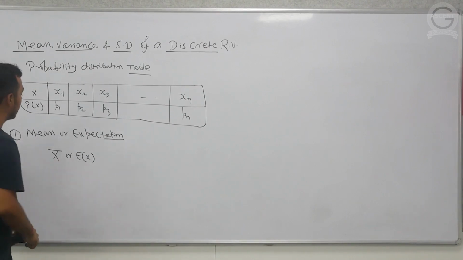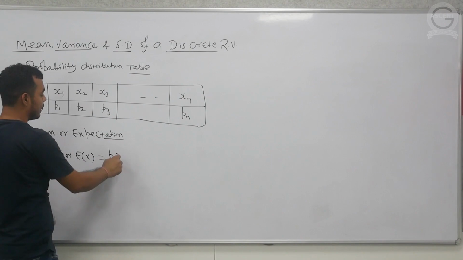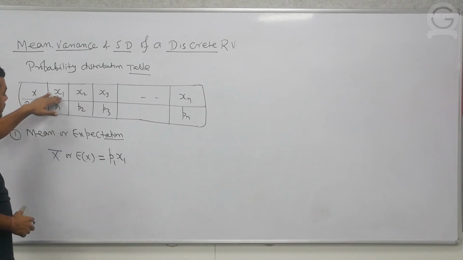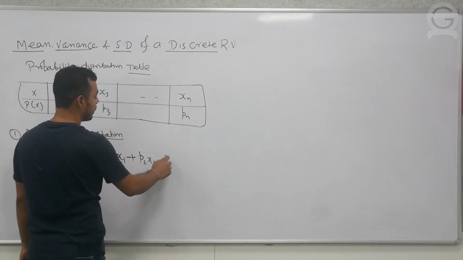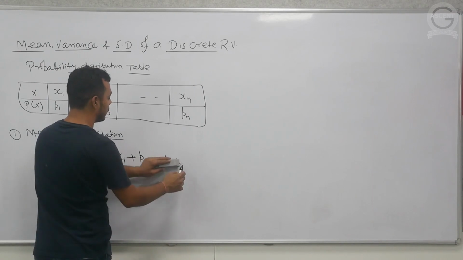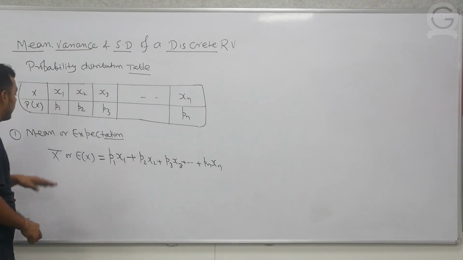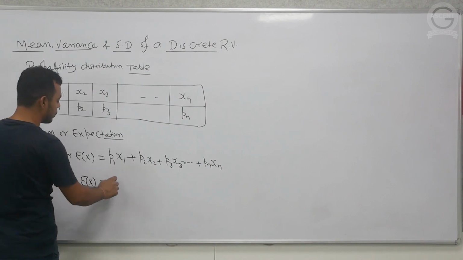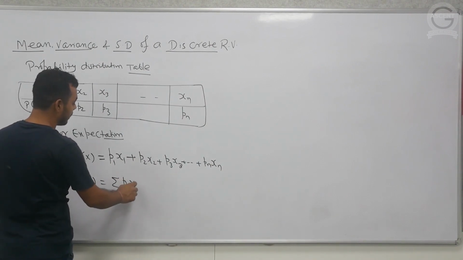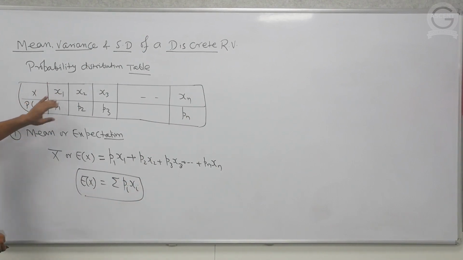The formula for expectation of x will be simply p1 x1: you multiply the value of the random variable x1 with the corresponding probability p1, plus p2 x2 plus p3 x3, and so on up to pn xn. So this is the formula to calculate mean or expectation or expected value. Expectation of x you can also write as summation pi xi. This will be the expected value or average value or mean of the random variable x.